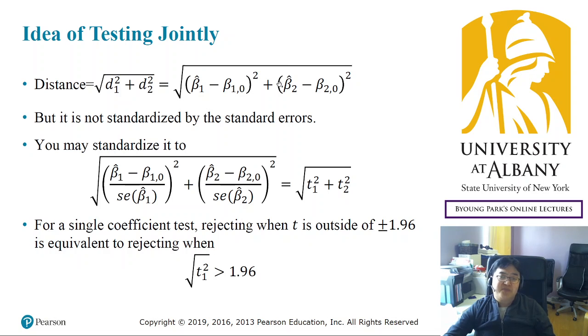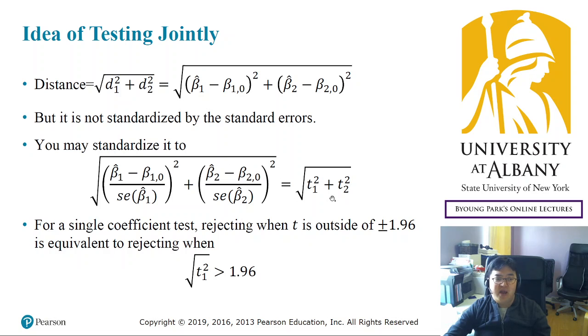The easiest way to standardize the distance is using the respective standard errors. Standard error of beta 1 and standard error of beta 2 are divided for the respective differences. So simply this is T1, this is T2.